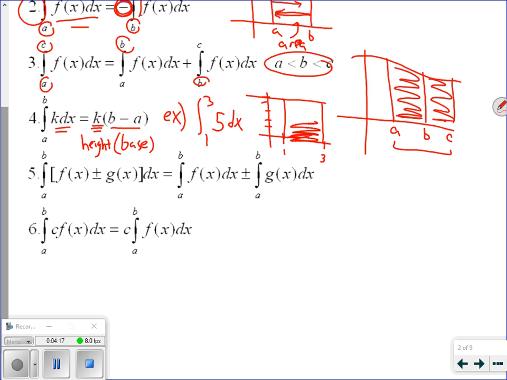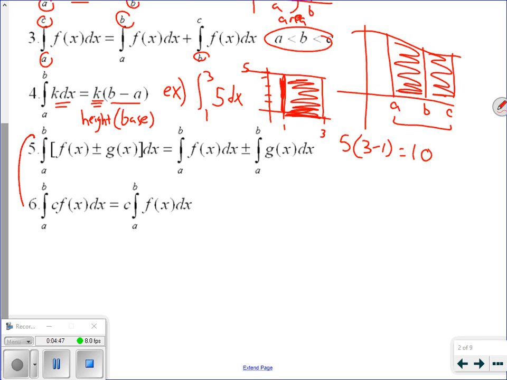This is nothing more than a rectangle, right? And how do you find the area of a rectangle? It's just length times width, or base times height. The height, or our K value, is 5. And the base between 1 and 3, B minus A, is just 2. That area would be equal to 10. So taking the area of a constant is just finding the area of a rectangle.